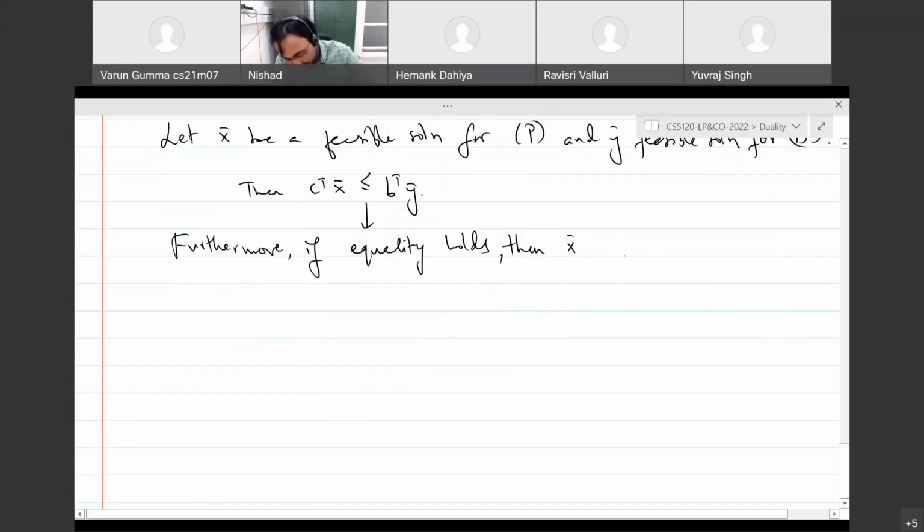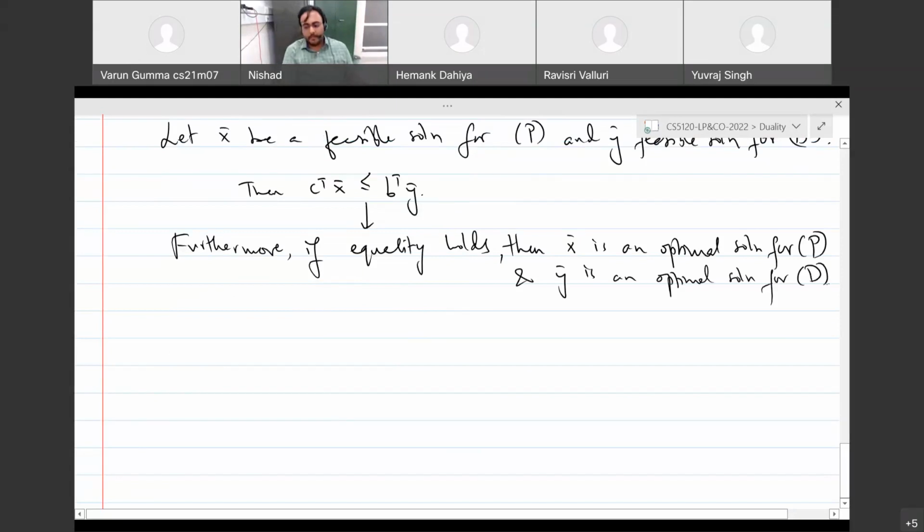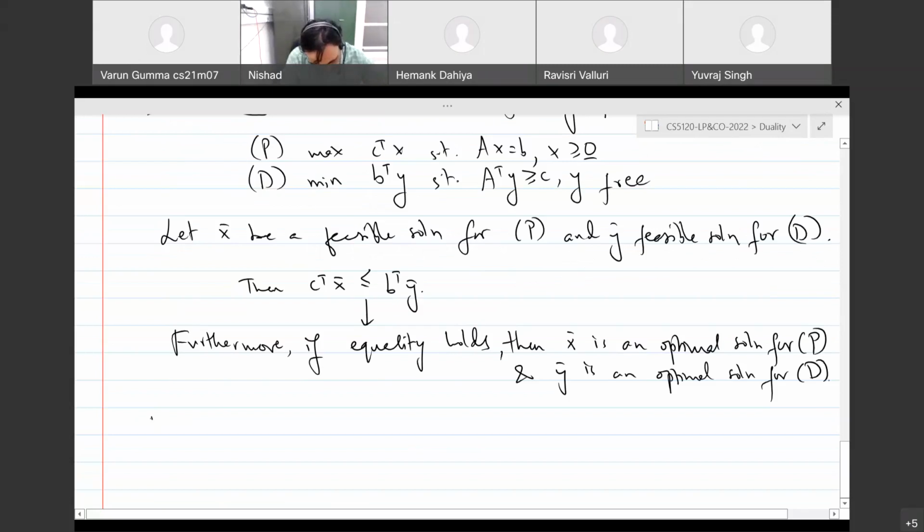Right. So if equality holds, then we know that X bar is an optimal solution for the primal LP and Y bar is an optimal solution for the dual LP. Okay. So do it yourself exercise is to write down a complete proof using these notes.